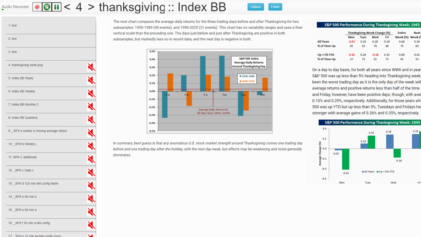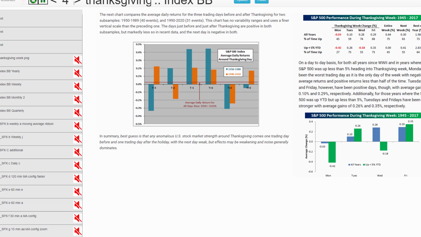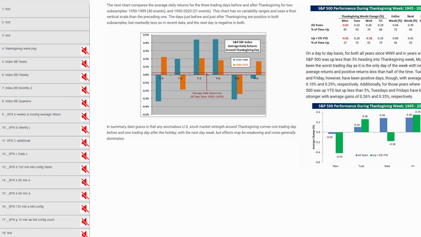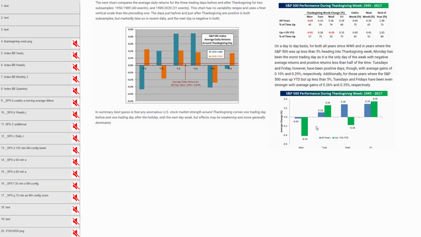So the first image here, we're going to move this a bit out of the way too. We don't need to see all that. This shows you the stats for Thanksgiving, and these are from a couple different sources. Again, a lot of them say the same thing. This one here, they have stats in this turquoise going back to 1950, and you can see Monday was generally down.